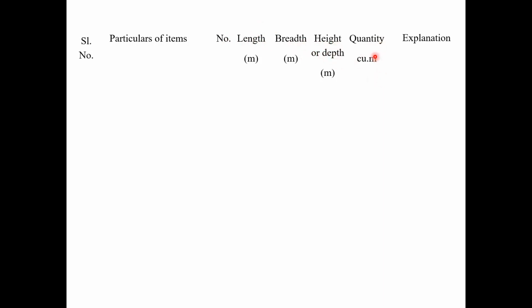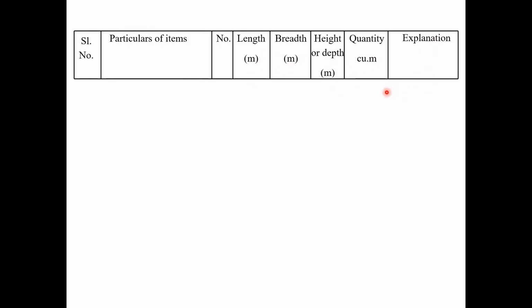That gives me the total quantity. Any explanations or remarks, like how we arrived at the length, can be entered here, and we can do the calculations here. Of course, everything has to be in tabular columns in the form of a table. So the very first quantity which we will calculate is earthwork in excavation for the foundations.